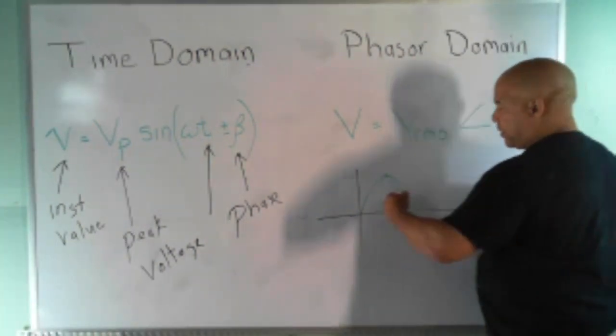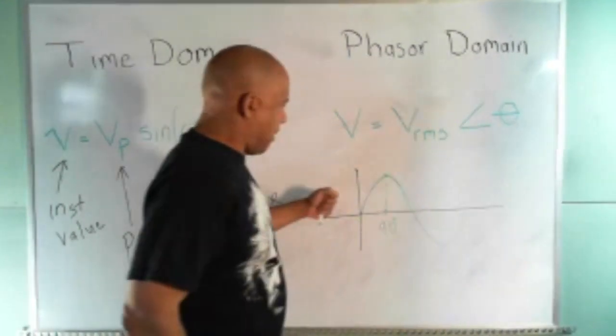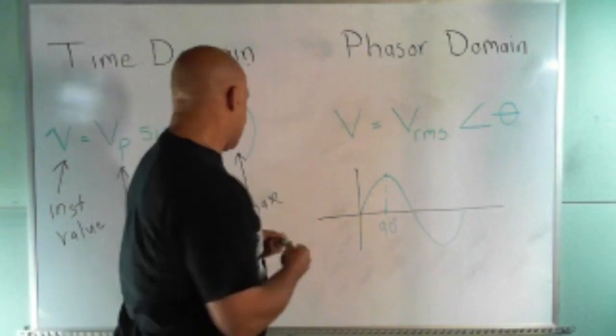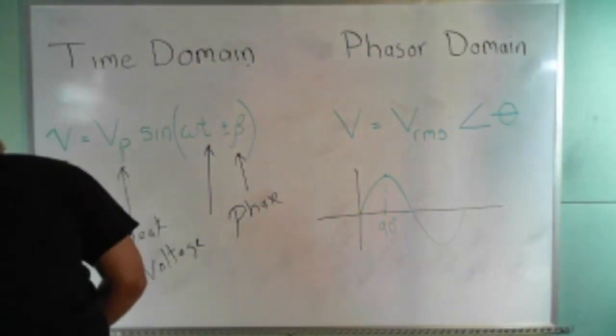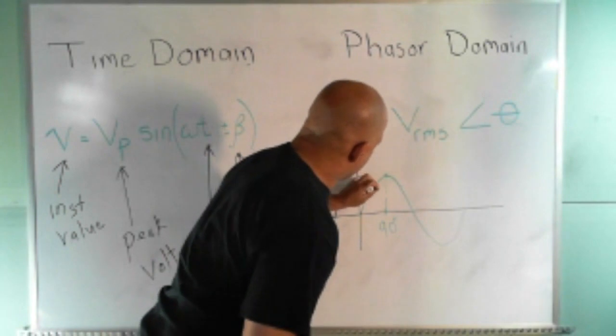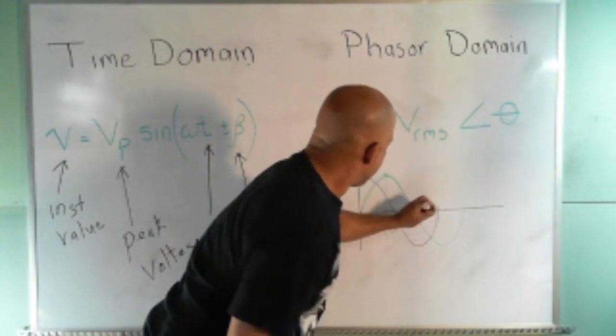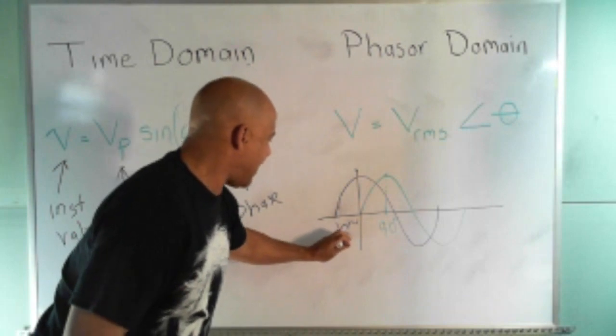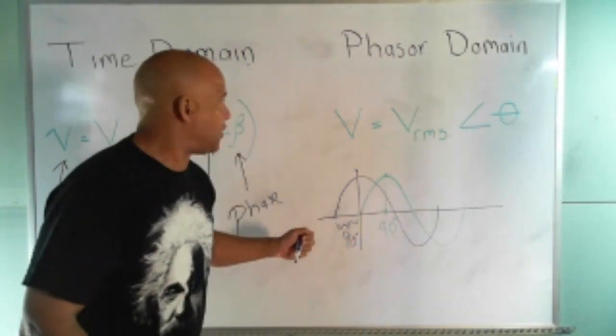If I pull it back so that point is on this axis, then the waveform looks like this. That represents a 90-degree shift. So now this angle right here will have a phase of 90 degrees.